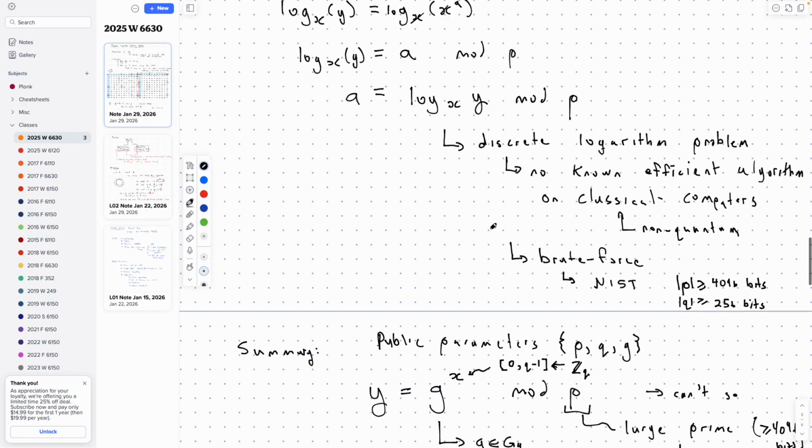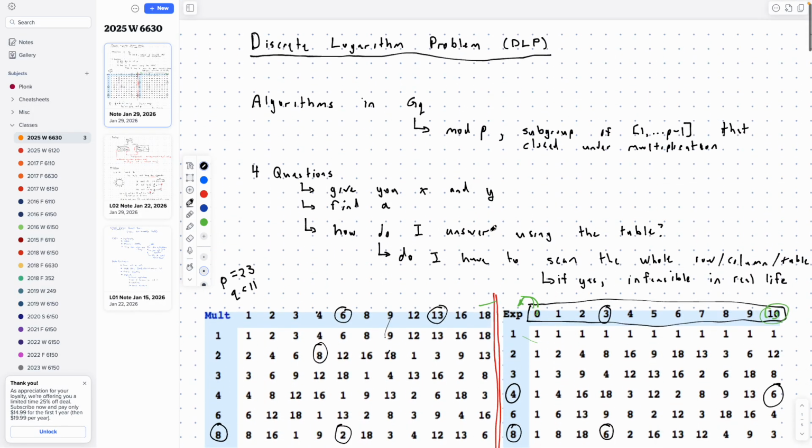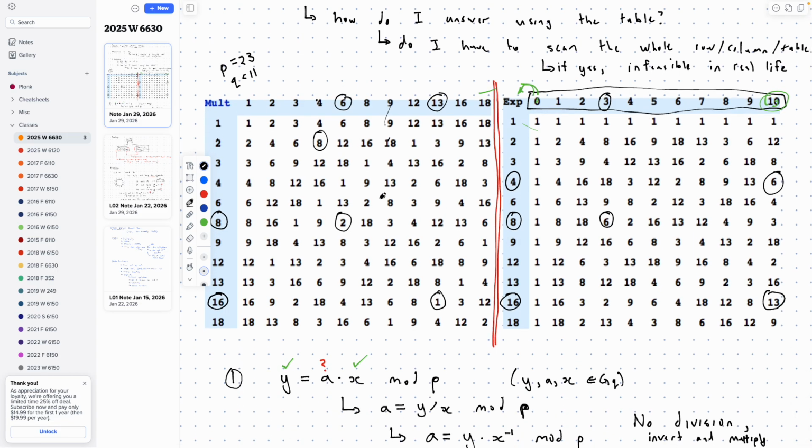If you look back at our exponentiation table, GQ are the rows and the columns are ZQ. These are some integers. They're all less than p, but they're not every integer that's less than p. There's q of them, there's 11 of them. They're all closed under multiplication, and we can raise them to the power of anything between 0 and q minus 1, which is ZQ.